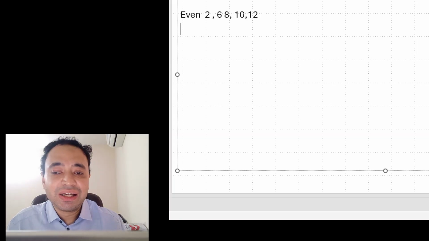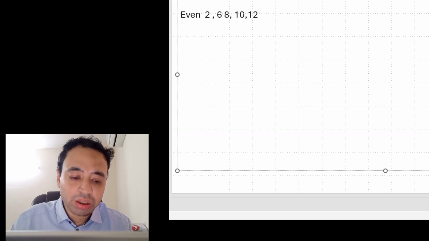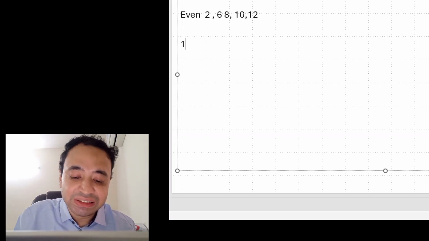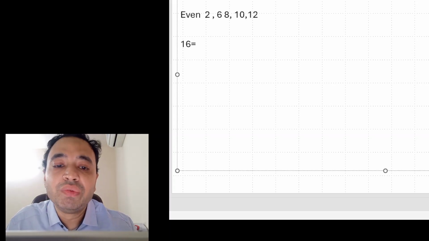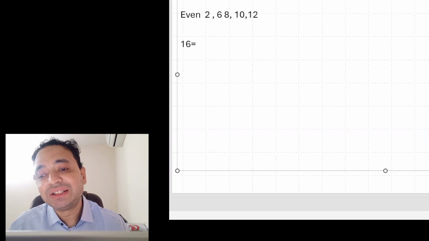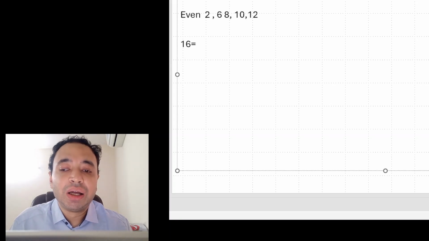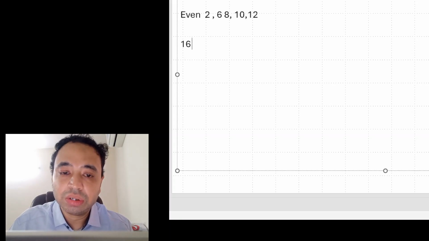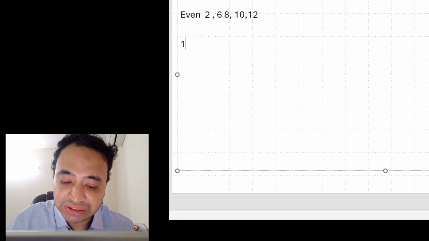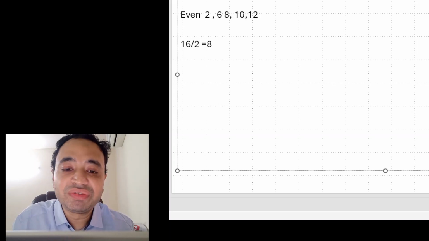So let's take some random examples so that we understand easily. For example, 16 when divided by 2 leaves a remainder 0. Hence it is an even number. 16 divided by 2 gives us an answer of 8.